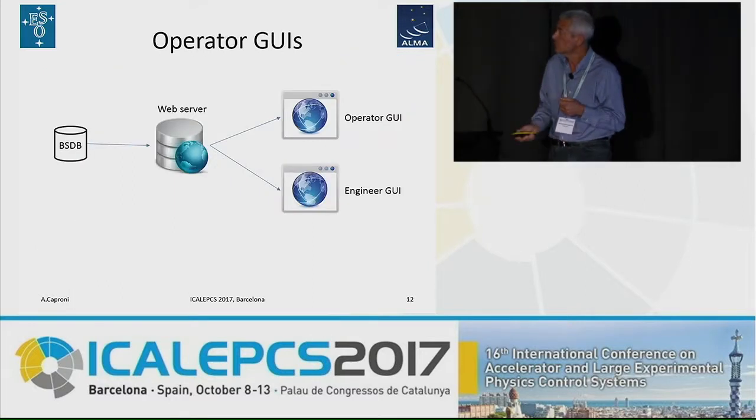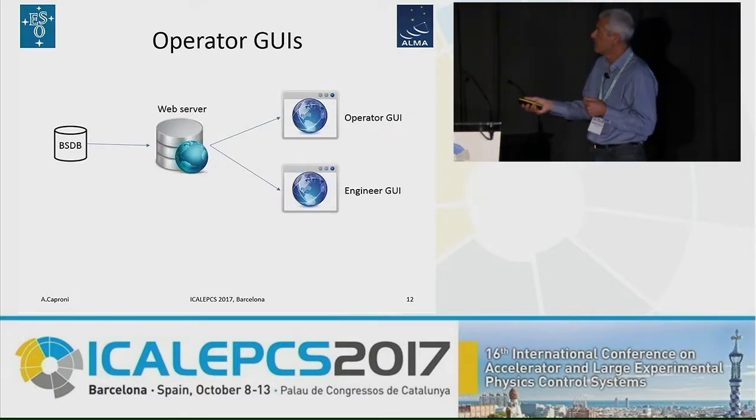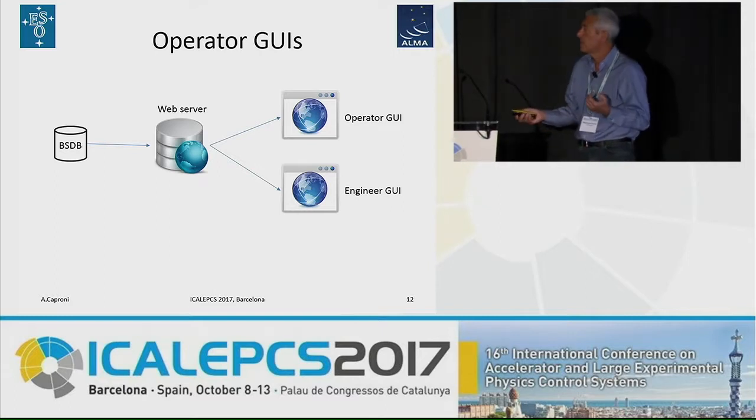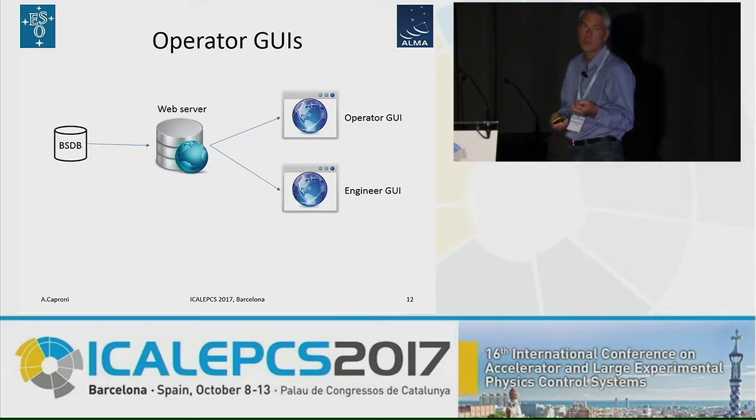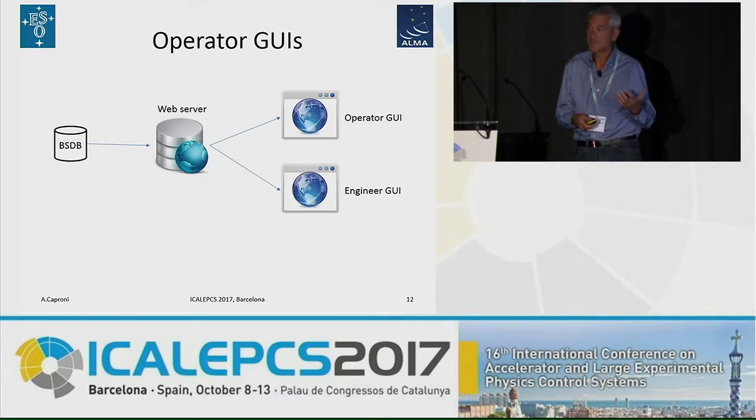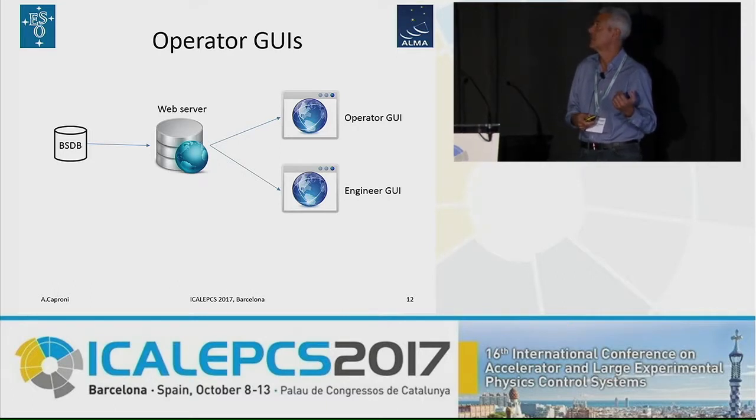Okay, this is a schema. So basically what I want to say here is that the web server, like the core, is not connected directly to elements of the integrated alarm service, but is connected directly to the backstage database, where we are saving the monitor points and values and all the data and all the alarms that are produced by the integrated alarm system.